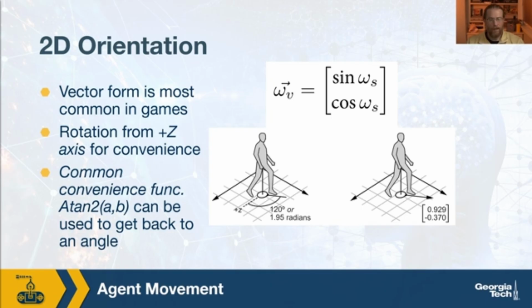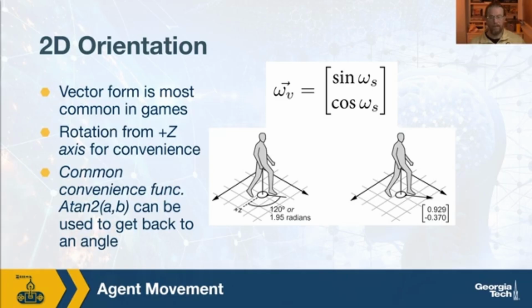So one thing you might want to do, if you are storing the orientation as a forward vector, so an x and y unit vector for the facing direction, is go back to having an angle relative to whatever you're measuring from.